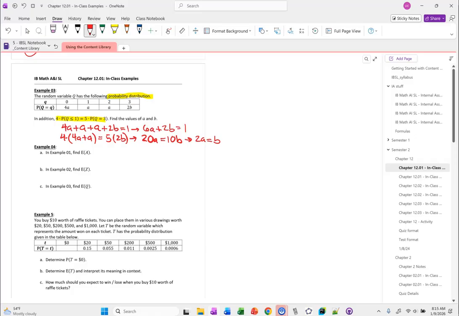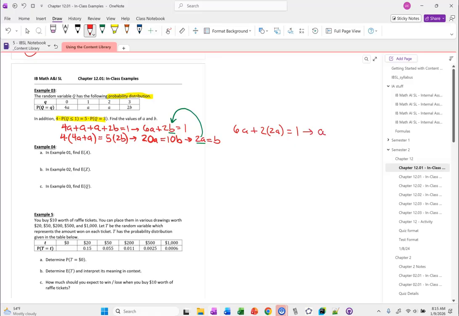Okay. Substitution or elimination, which is going to be the more convenient option here? Substitution for sure, right? Because we're going to take this 2A and plug it into that B. Everybody's good? That eliminates a variable. So we're going to have 6A plus 2 times 2A is equal to 1.